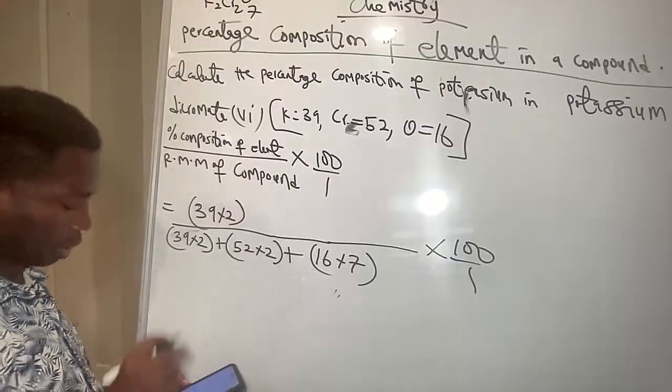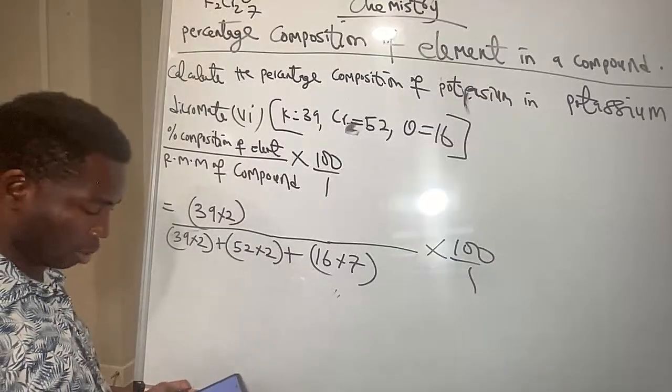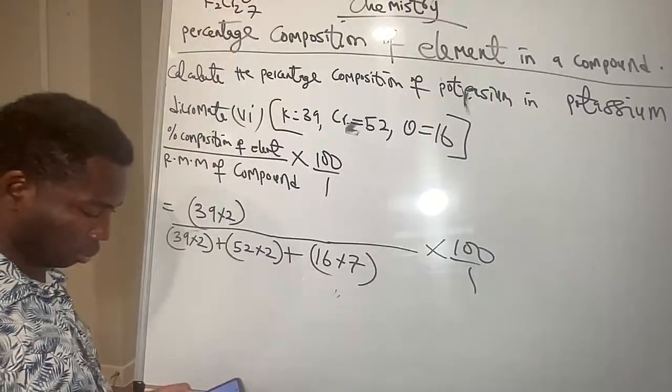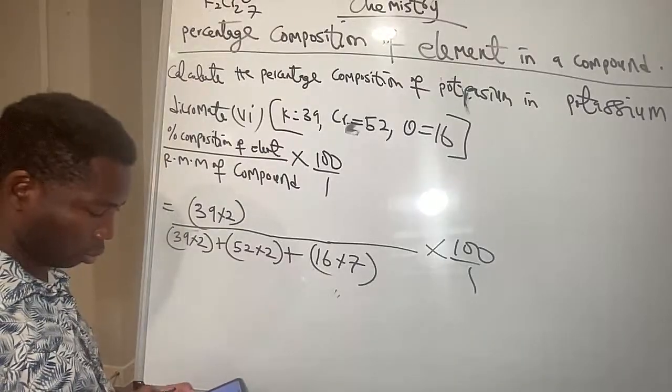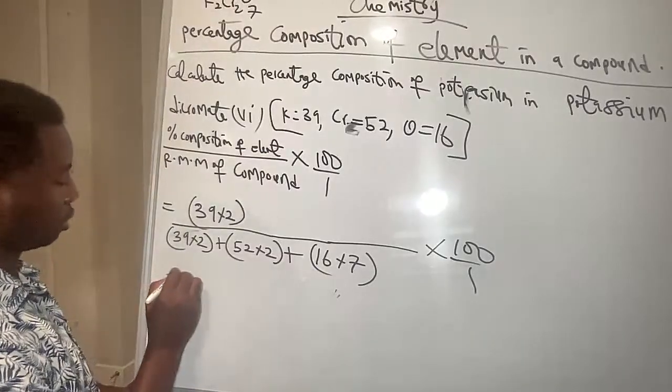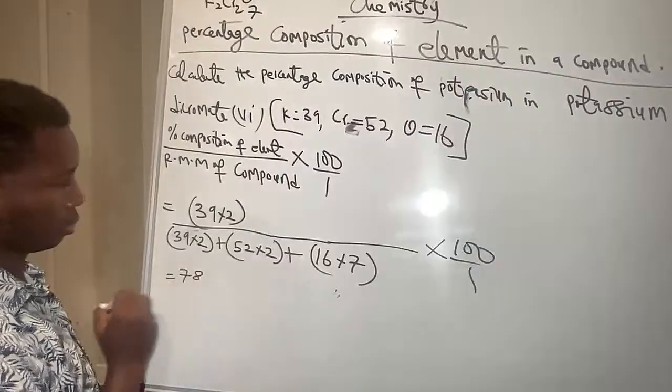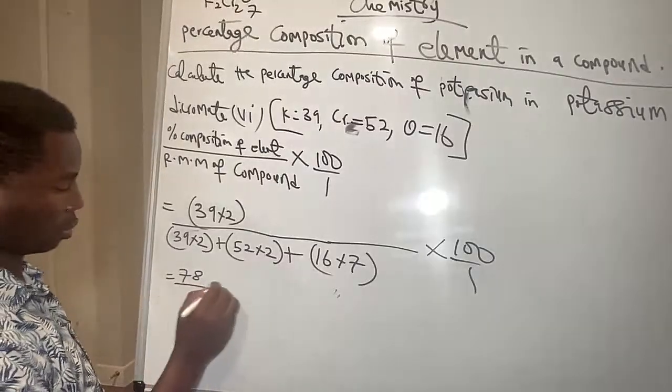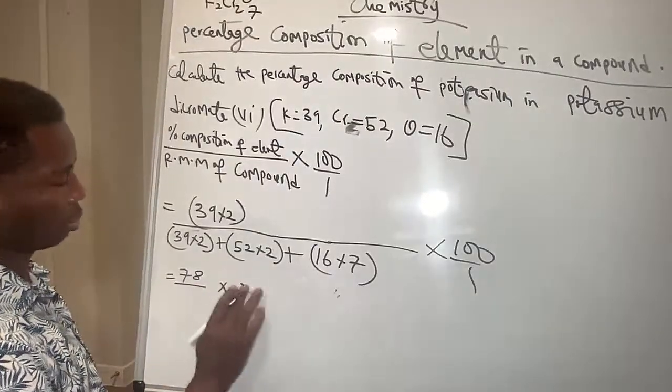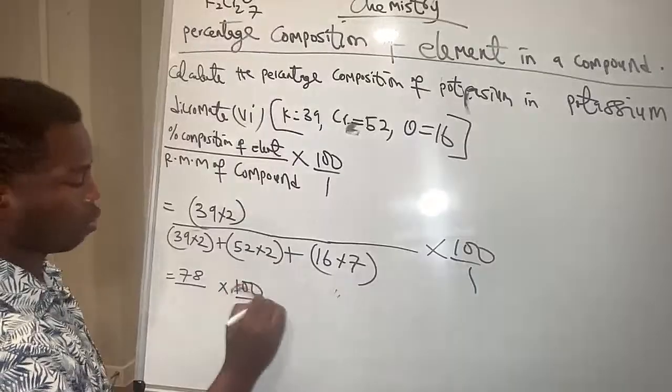Now we have 39 times 2, which is equal to 78, times 100 over 1.